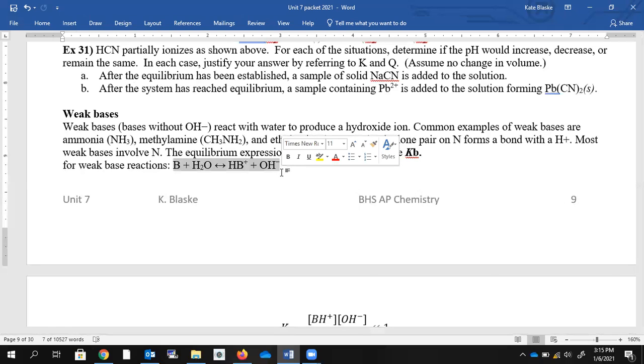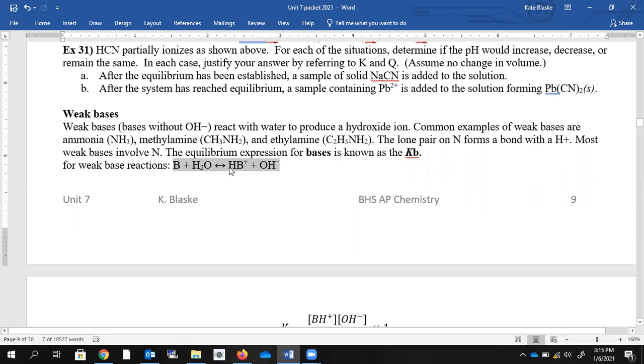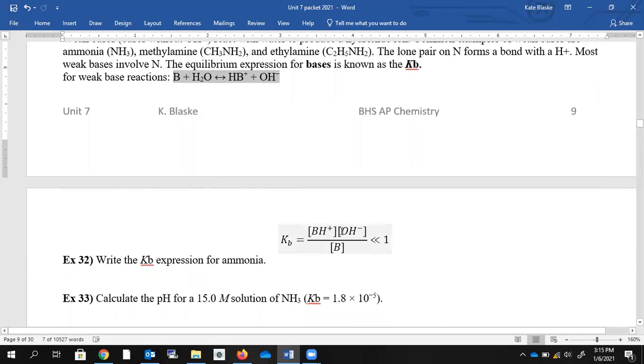The base reacts with water to make BH plus, the base with a proton on it, and leaves the hydroxide left over from the water that donated its proton. But because water is a pure liquid, it does not show up in the equilibrium expression. So we get BH plus times OH minus over B.